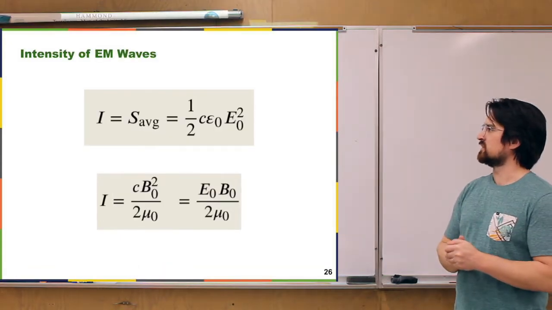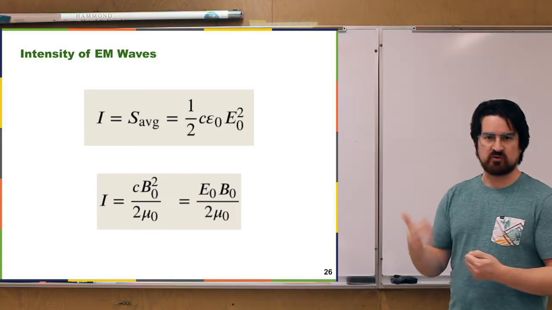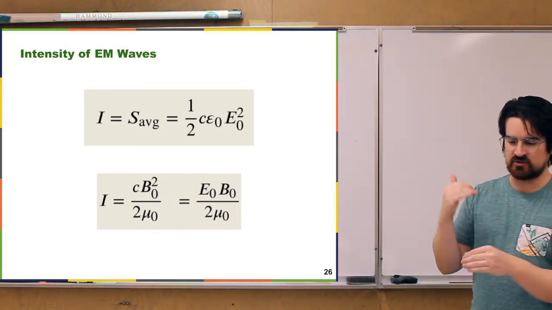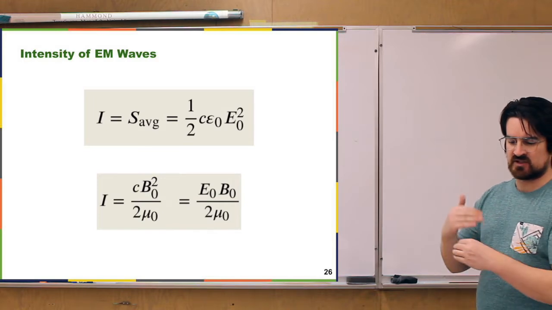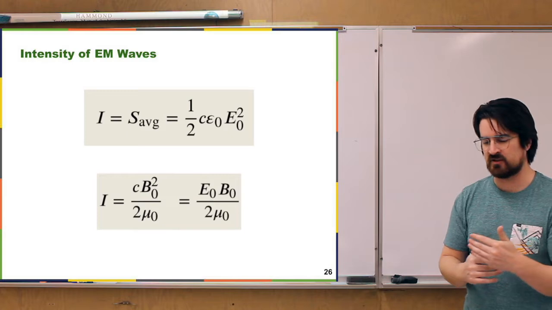We might use a quantity like the intensity, which we would just quantify as the average of this pointing vector. In the book, they actually show how you do this average, but essentially you're integrating something over a period and then dividing by the length of that period.